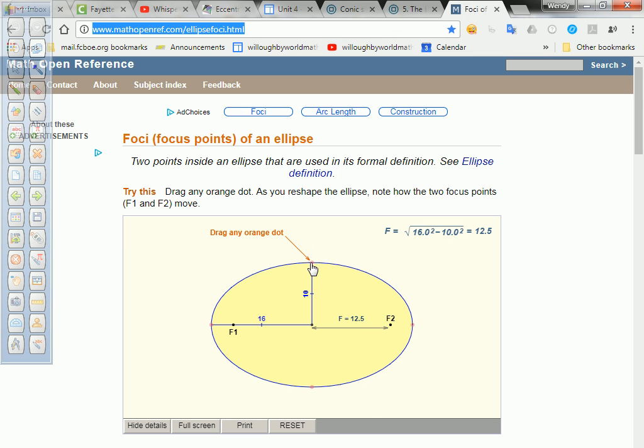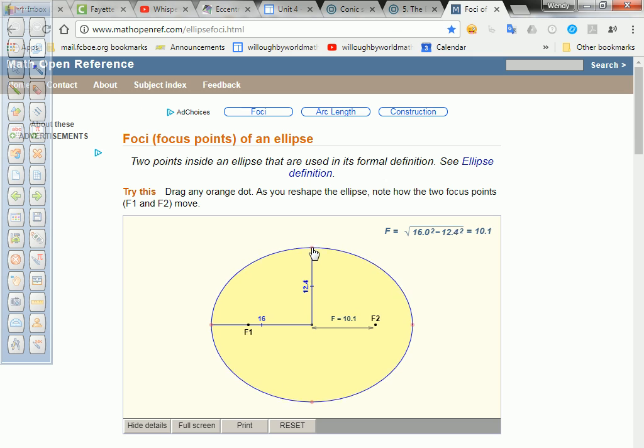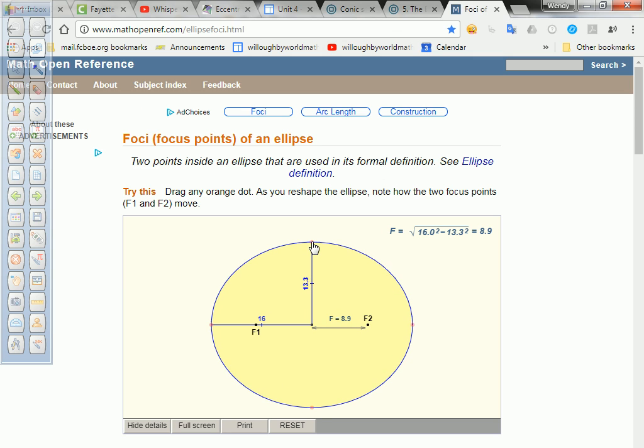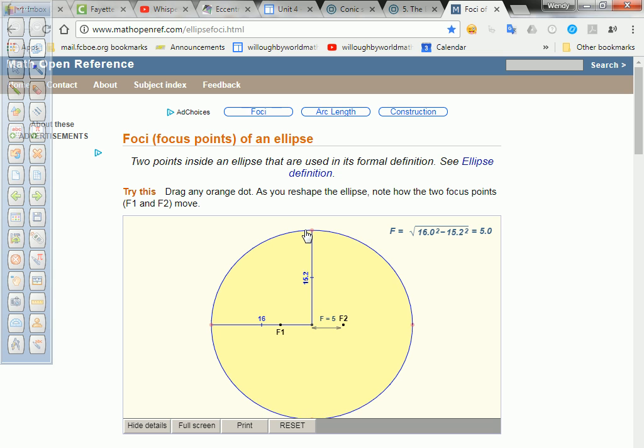Oh, well. Okay. This is about the foci also. So look how the foci are getting closer and closer, and doesn't it look more and more like a circle? Now, when they are directly on top of each other, they're no longer foci.